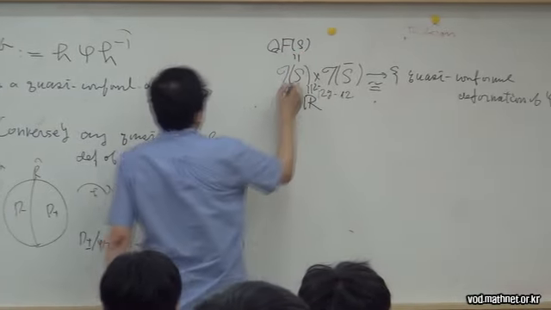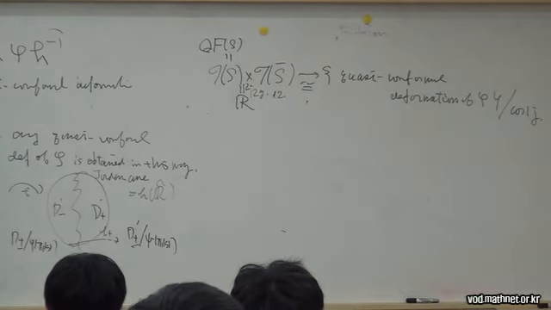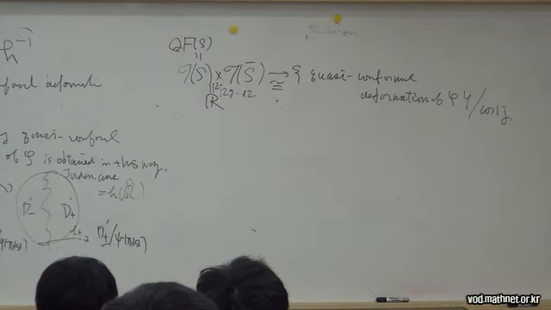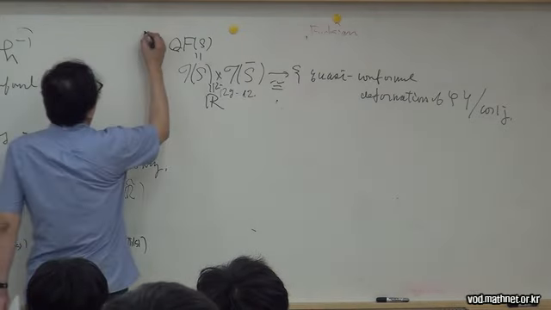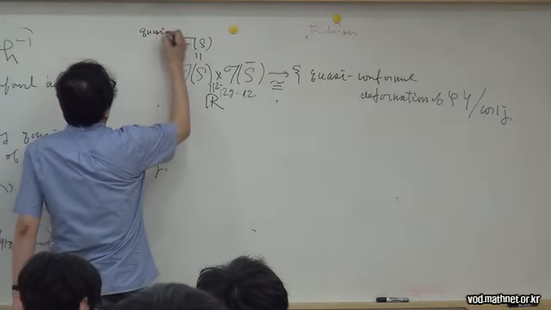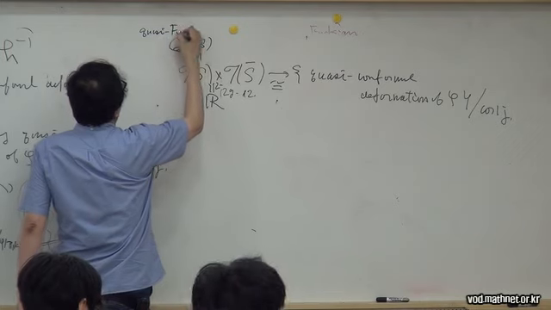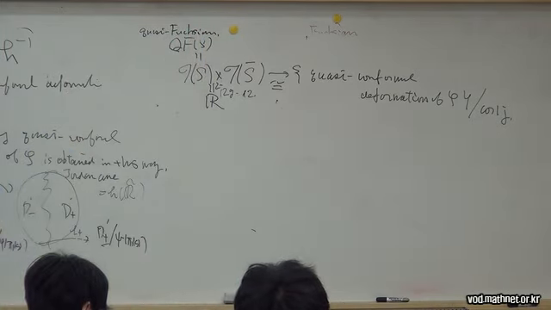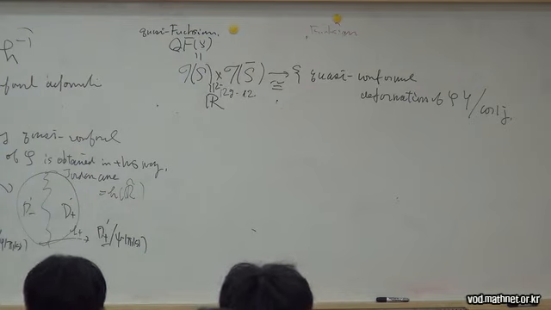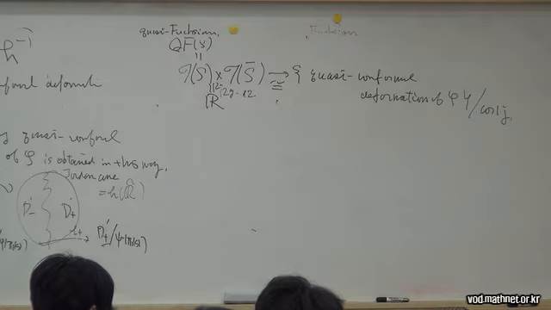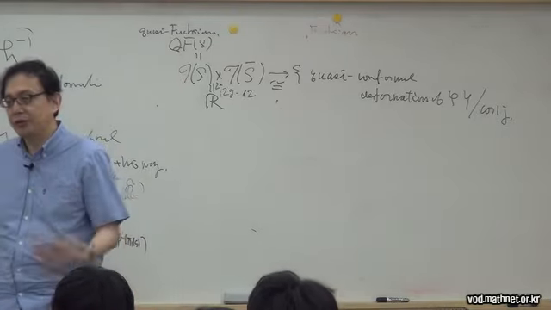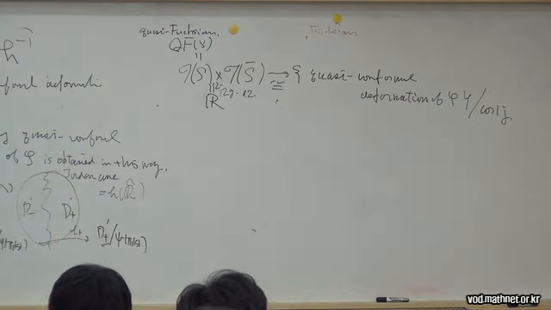So the symbol for this space is usually QF, meaning the quasi-Fuchsian. Again, we put the qualifier quasi. So it's called the quasi-Fuchsian space. This should be the generalization of Thurston's original definition of Teichmüller space.